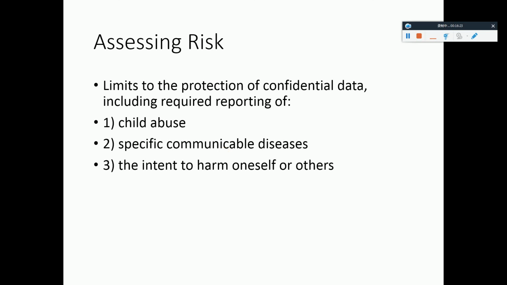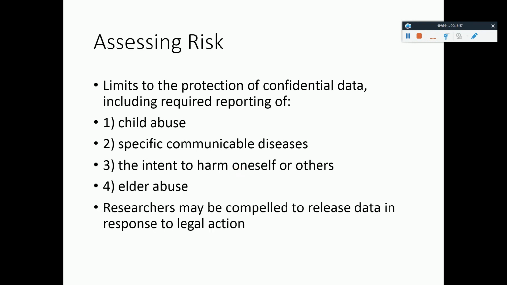Or in the process of data collection, the researcher learns that there's intent from a particular participant either to harm him or herself or to harm others. Then this will also pose a security reason for researchers to report such personal and sensitive information. And of course, other kinds of abuse, right? Abuse of the child, abuse of the elderly, they should also be reported.